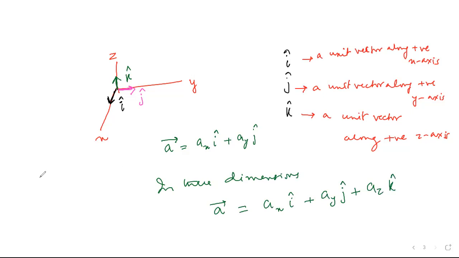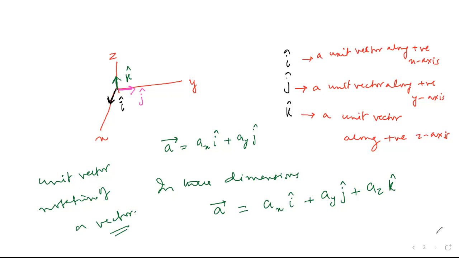This is called unit vector notation of a vector, right? So once a vector is determined fully, you can express it in unit vector notation. And unit vector notation means that vector is completely known. If we know all its components, then we can express it in unit vector notation.